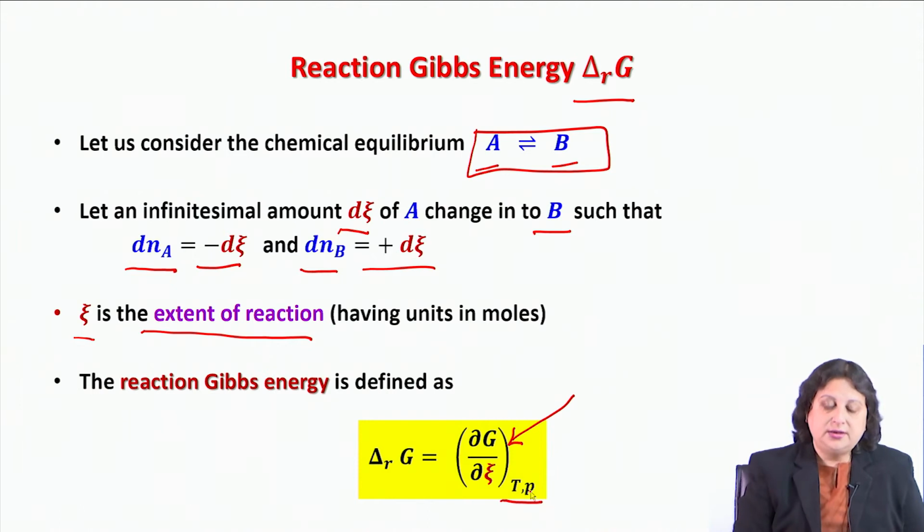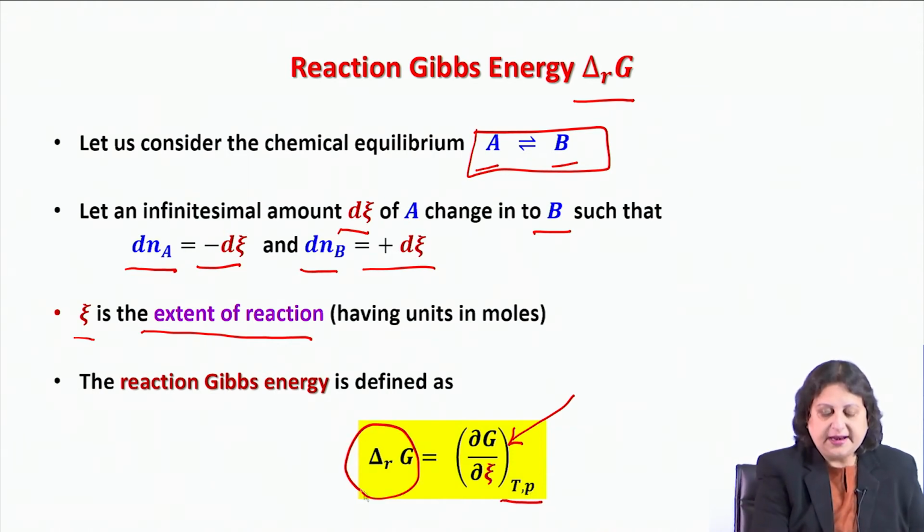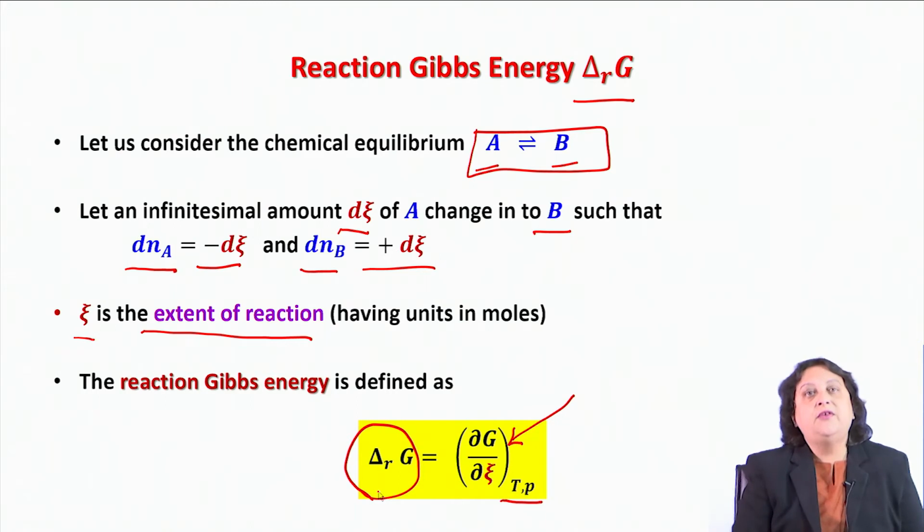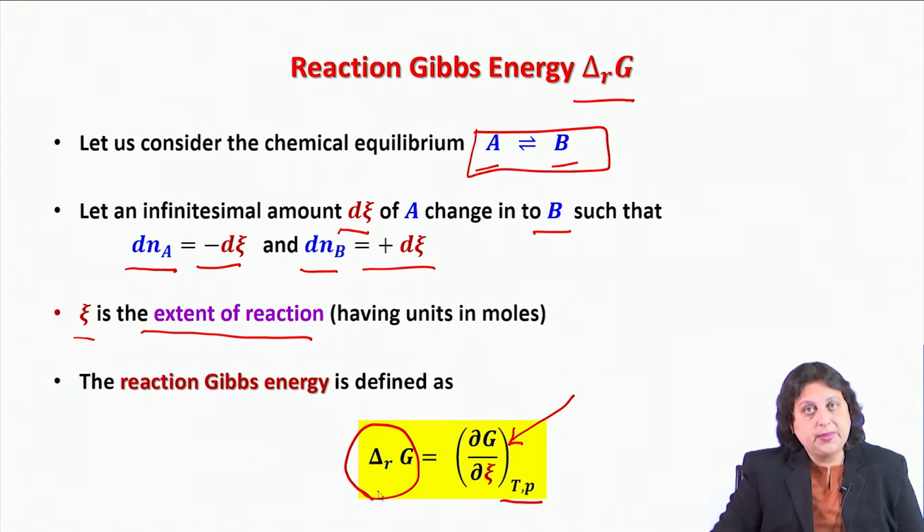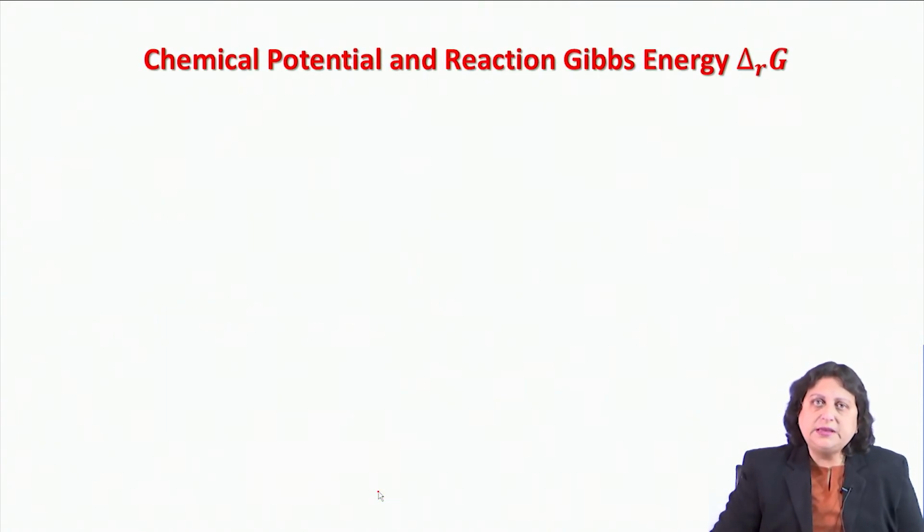Therefore, ΔrG represents the variation of the Gibbs free energy of the reactive system as the reaction progresses, which is indicated by the quantity ξ, and ΔrG is defined at a given temperature and pressure. Now, let me see how chemical potential and reaction Gibbs energy can be related to each other.